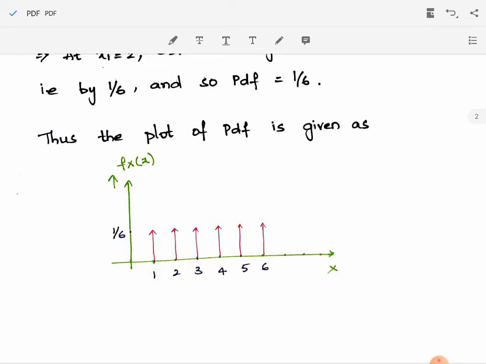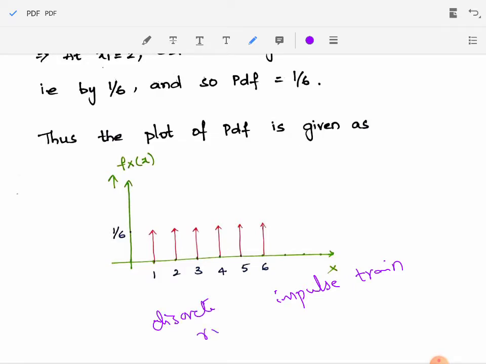Therefore, from this we can understand that the probability density function of a discrete random variable is an impulse train. Impulse train of what? Of a discrete random variable. The PDF of a discrete random variable is an impulse train.